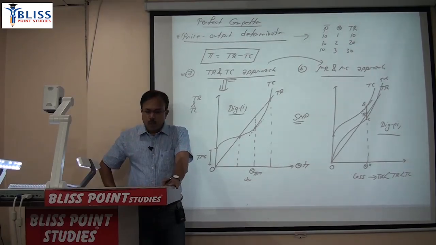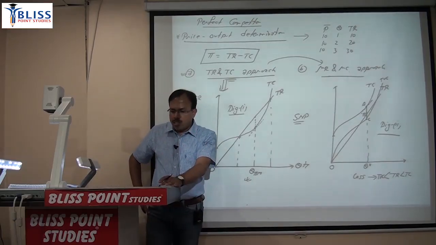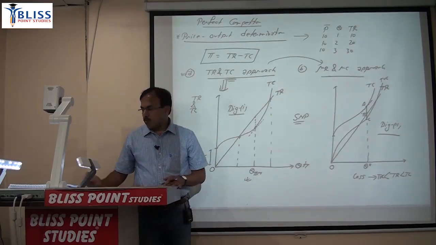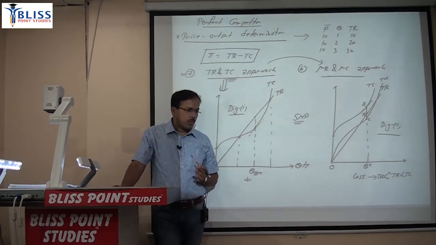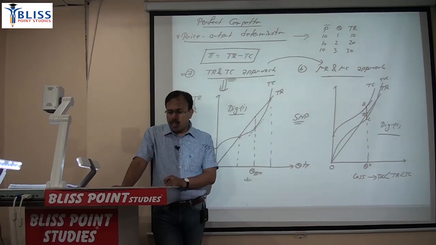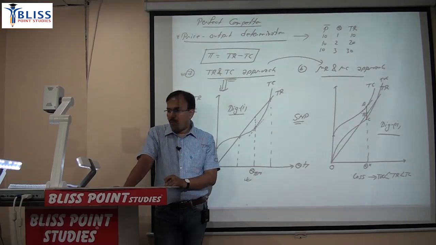Full stop. The slope of TR is MR, and it is a constant and equal to existing market price.